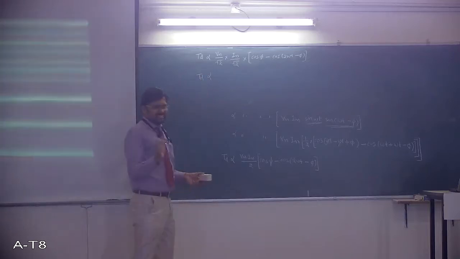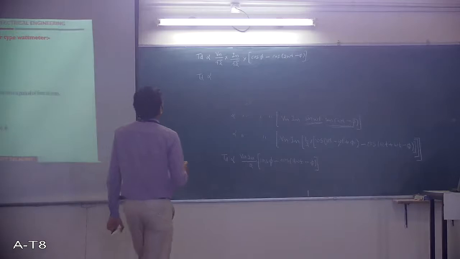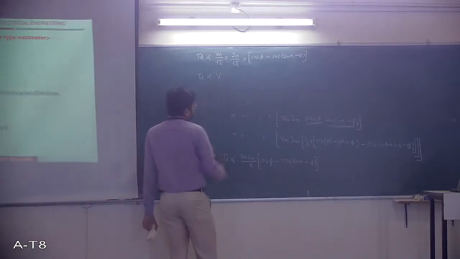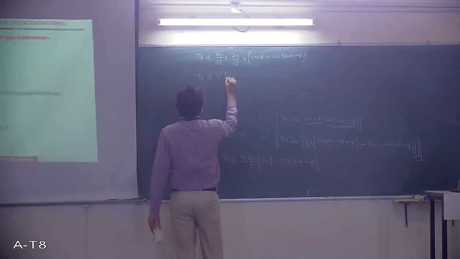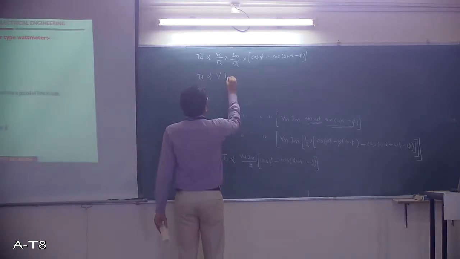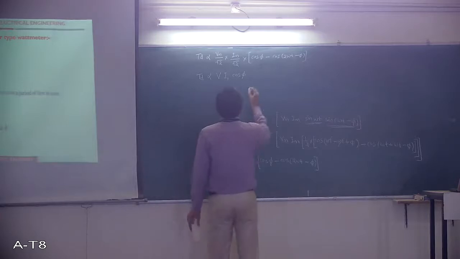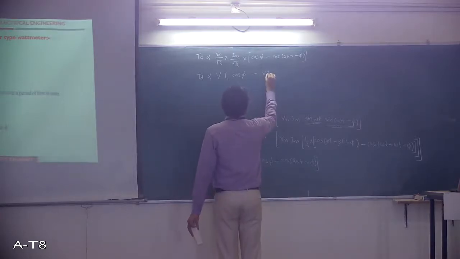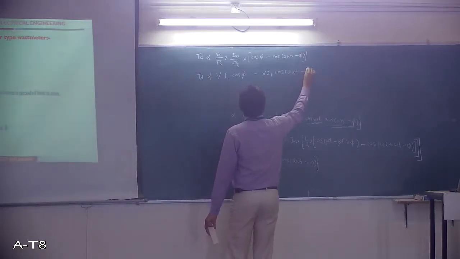We never designate it as RMS value; we don't specifically mention it. We just write it in capital letters, and in AC it is understood that it is an RMS value. So it is V into I1, multiplied by the terms inside the bracket: V I1 cos phi minus V I1 cos of 2 omega t minus phi.